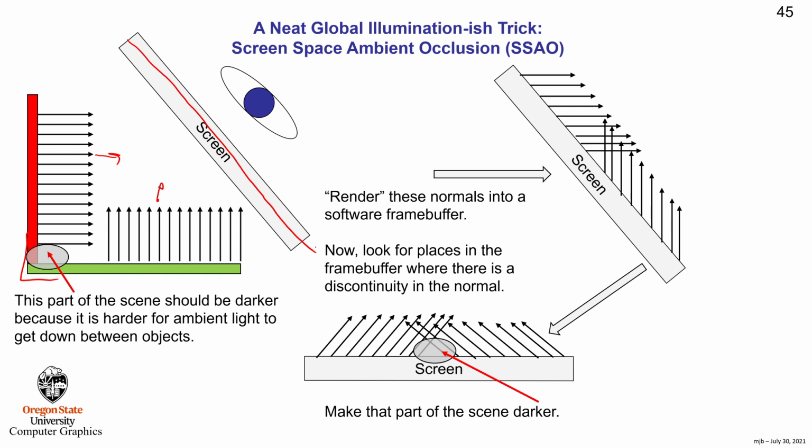If we take just the screen, which will have the colors and the depths, and we map the normals onto the frame buffer, and we turn it the way we would normally look at it, here you can see that there's a little place right here where there's an abrupt change in surface normal, and they're at the same Z depth. That's the region you would want to make a little bit darker.